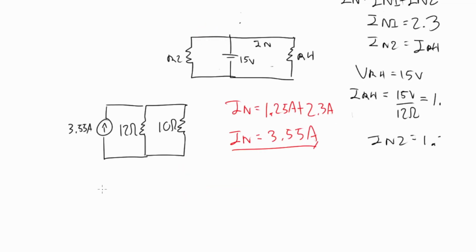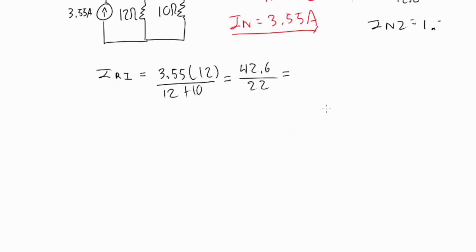So now we can find the current of resistor 1 using current divider. So the current of resistor 1 will equal 3.55 multiplied by 12 divided by the total resistance, which is 12 plus 10. And this division will give us the final value for resistor 1's current.